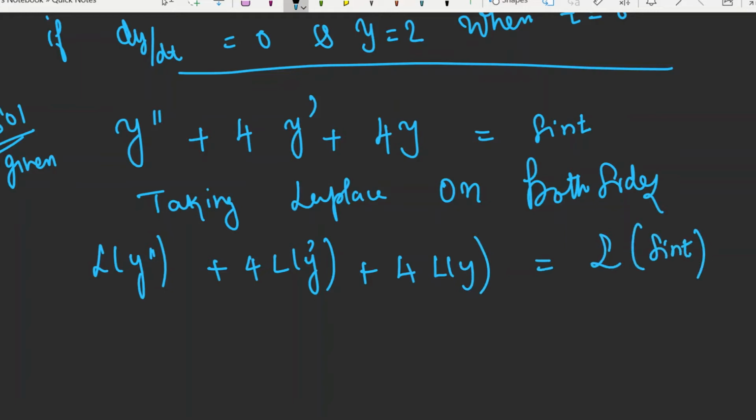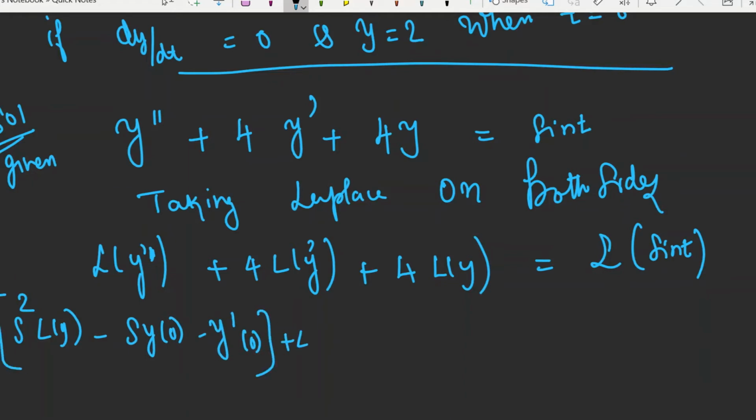So we know the value of L of y double dash: s square L of y minus s y of 0 minus y dash of 0, plus 4 times L of y dash.